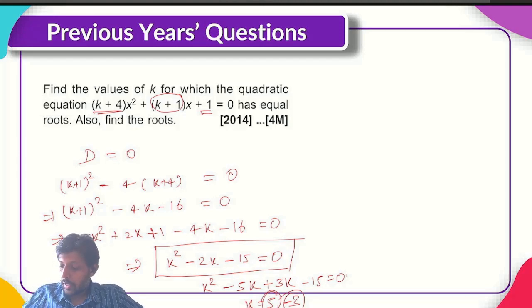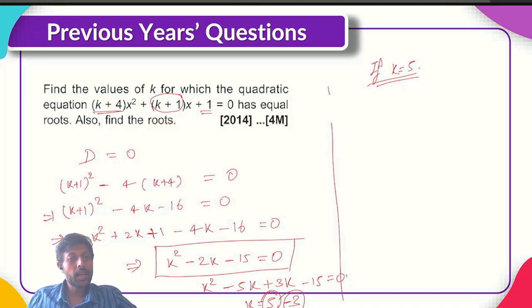Take one value of k, any value, choose. Let's say if k is equal to 5. Then you find the two roots. How would you find that? Roots will be minus b plus minus under root b square minus 4ac.